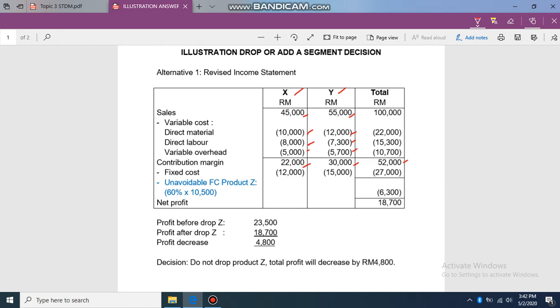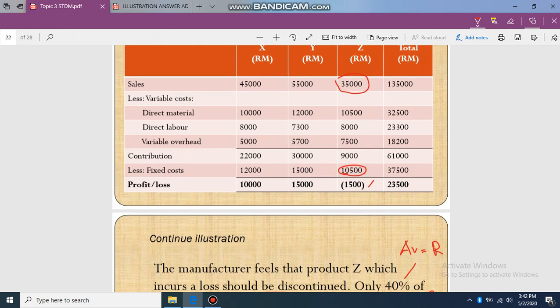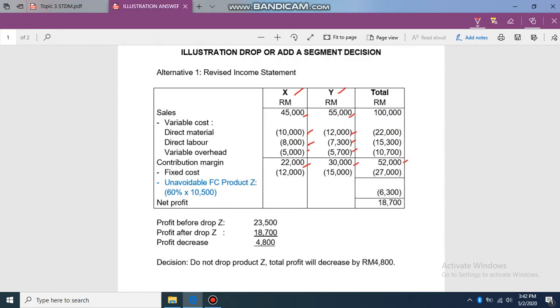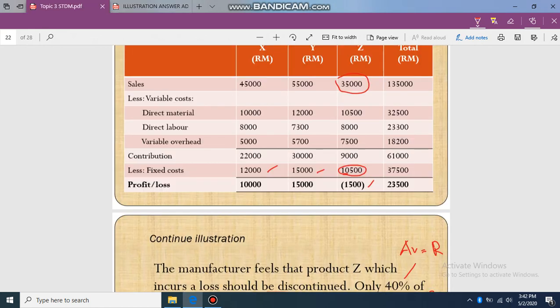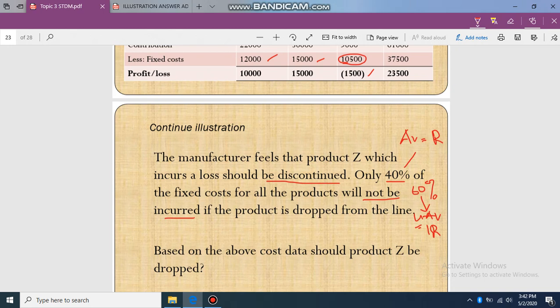Now we refer to fixed cost. What happened to fixed cost? If you produce X and you produce Y, the fixed cost is still incurred. So that's why we minus the fixed cost of X and Y. How about the fixed cost of Z? Just now we said that only 40% will not be incurred. How about the 60%?